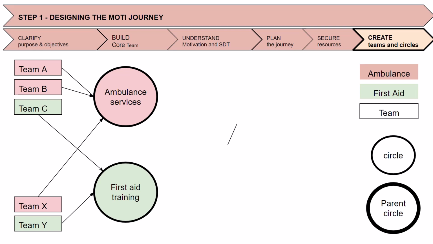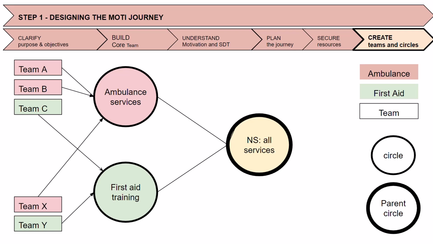That's in the parent circle, ambulance services, and you can also compare the 2 circles, ambulance services with the first aid training. And to do this, you could then create a parent circle including all the services, and you would be just comparing these 2.